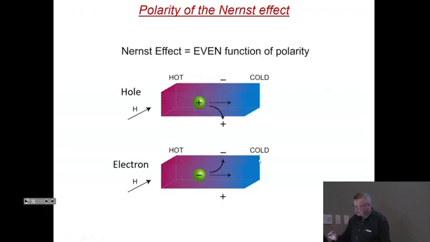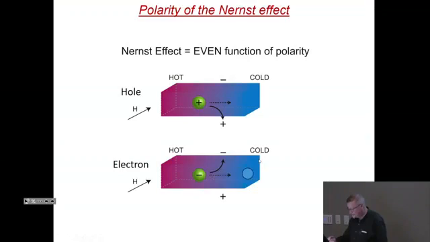Okay, so the majority carrier condenses on the cold side. If it's holes, they condense on the cold side. But during this general drift toward the cold side, the magnetic field deviates them with the Lorentz force toward the bottom. Now, if my majority carrier is an electron, it also goes to the cold side.